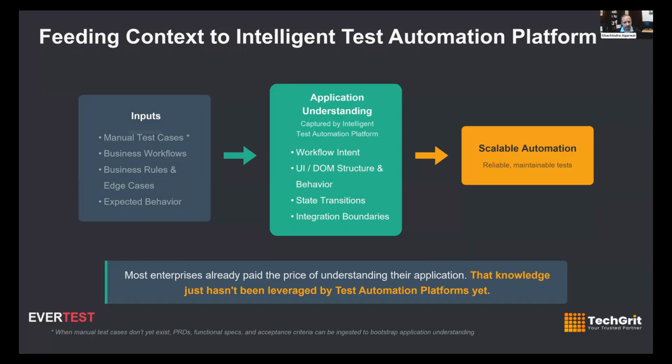The idea is to provide all of this information to the AI platform, which builds, in the green box, the application understanding. So it knows the workflow intent, the UI DOM structure and behavior, the state transitions, integration boundaries, etc. And that is what will yield scalable automation.